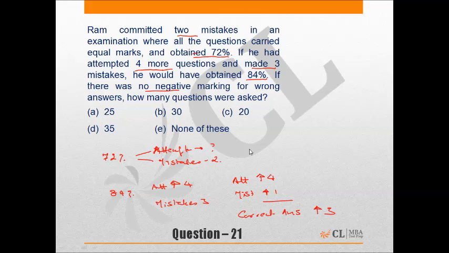Or in other words, his percentage has jumped from 72% to 84%, or increased by 12%, due to 3 extra correct answers, which implies every correct answer will be equal to 4%. So one correct answer is 4%, so the total number of questions asked were 25.